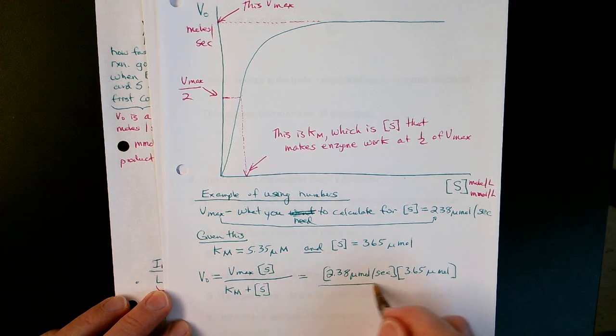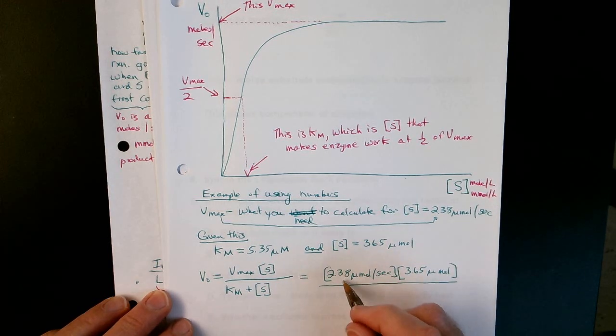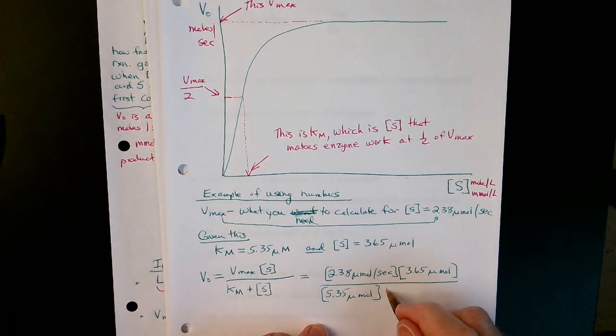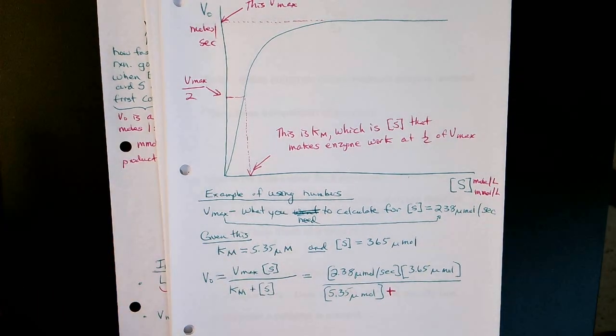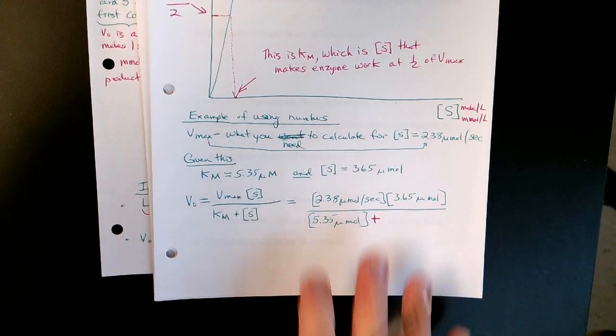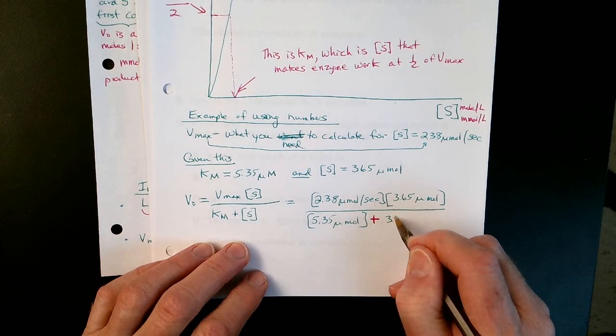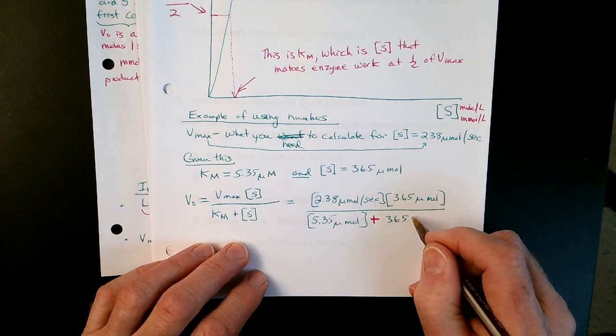Then you divide through, and don't forget there had better be an addition in the bottom: 5.35 micromolar. And here's what I'll emphasize with a plus sign, which is easy to forget: 3.65 micromolar.